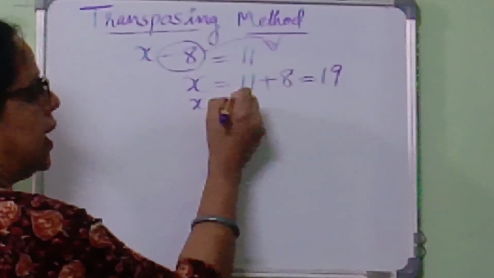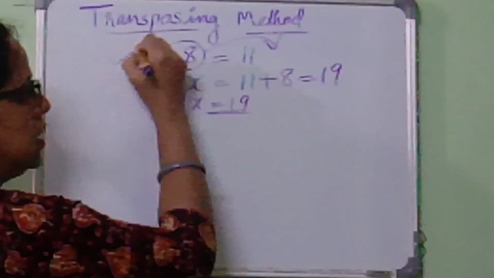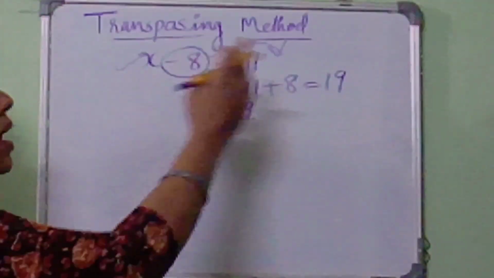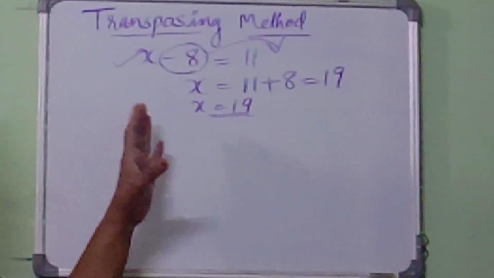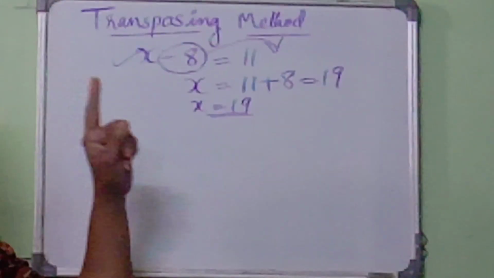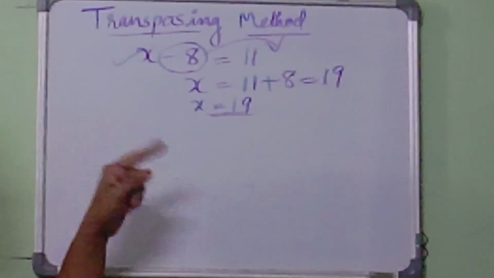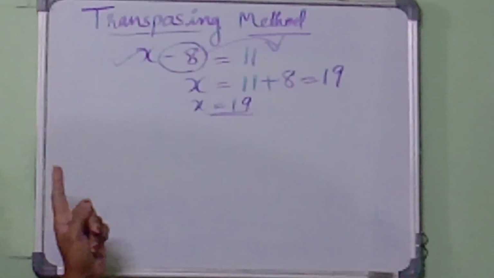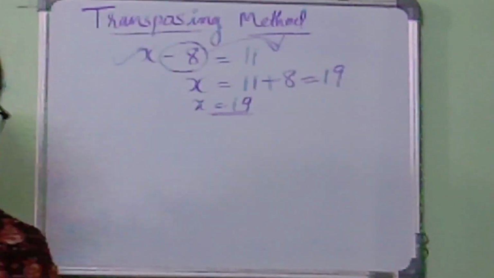So x equal to 19 is the solution of this equation. Okay. So while transferring a number to the other side, the operation will change. Addition will become subtraction, subtraction will become addition, multiplication will become division, and division will become multiplication.